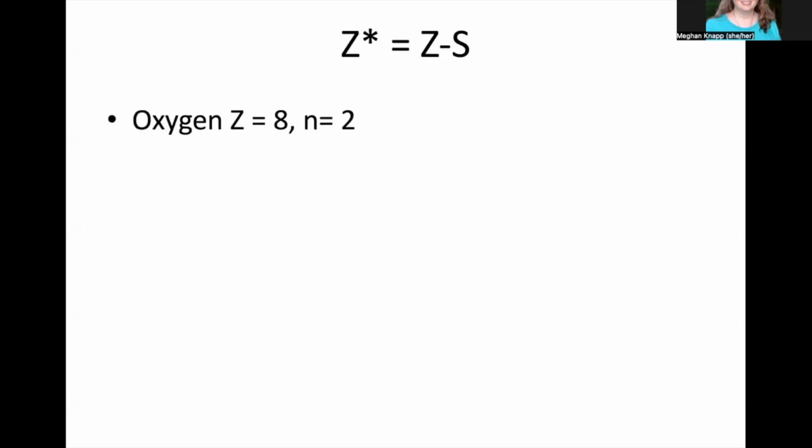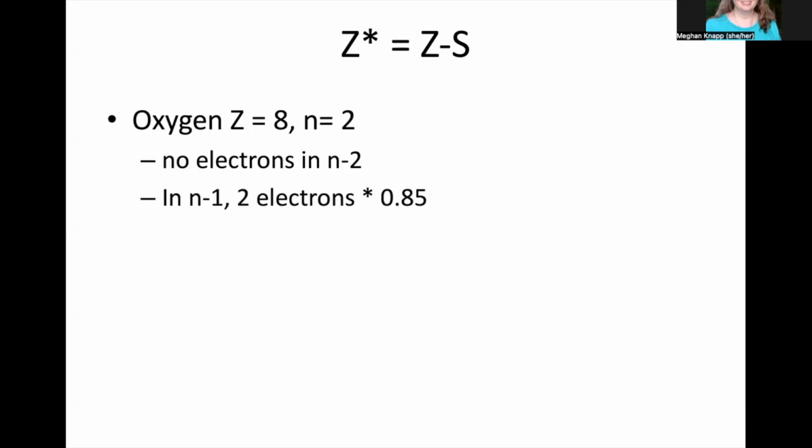So let's look at an example. First, something that's easy. For oxygen, Z is equal to 8. So that's the nuclear charge. And we're looking for Z star, the effective nuclear charge. If I'm looking at a valence electron, n is equal to 2. So there aren't any electrons in n minus 2 because there's no such thing as level 0.